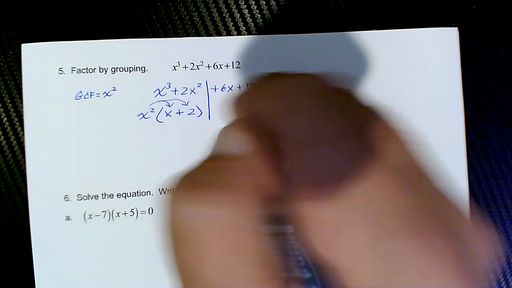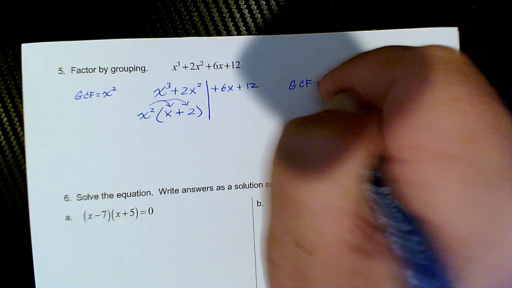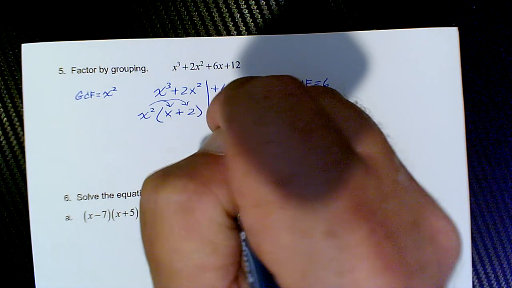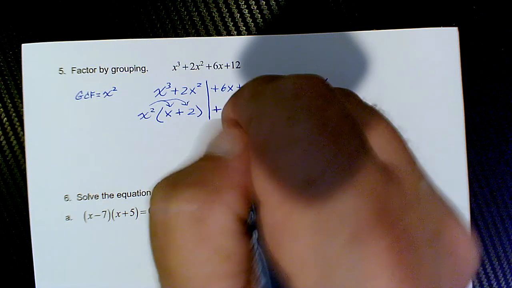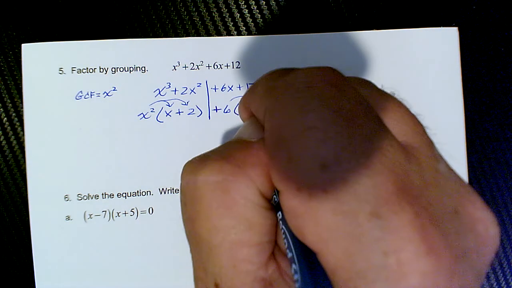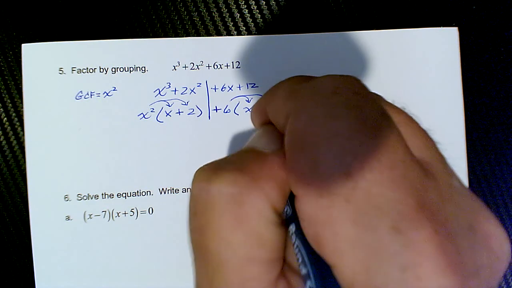And do the same thing here. Greatest common factor from this pair is the number 6. And it's a positive 6, and I'd suggest you write down the plus 6. And reversing the distributive property, to get 6x, we just need x, and to get positive 12, we just need plus 2.